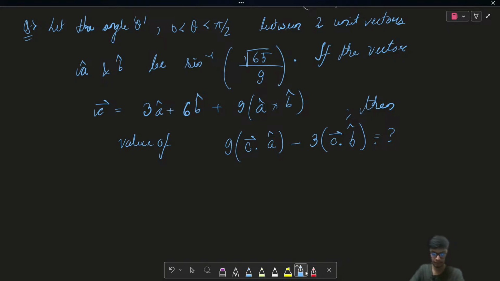All right, so let us see how to evaluate these kinds of problems. First of all, we have two unit vectors given to us.